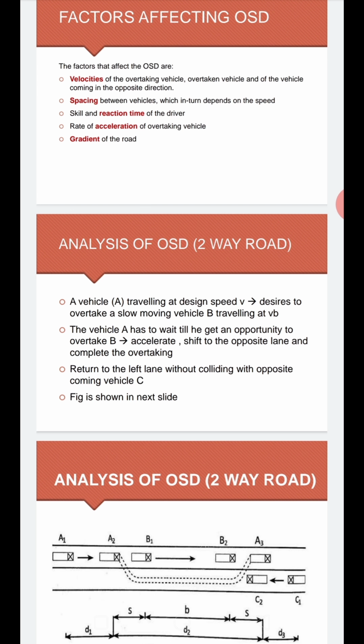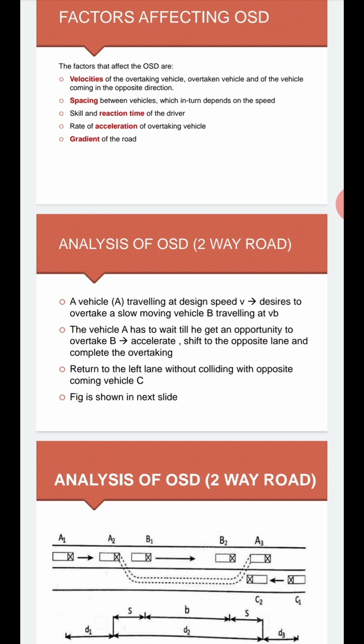When the rate of acceleration of the vehicle is less, we look for much safer opportunities rather than immediate action. Next is gradient. For an up gradient, it is difficult to overtake, and on a down gradient the vehicle will be moving at a higher speed. Much safer is level ground.